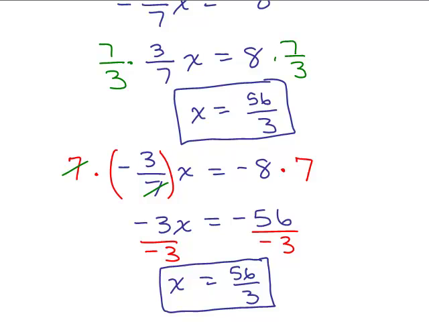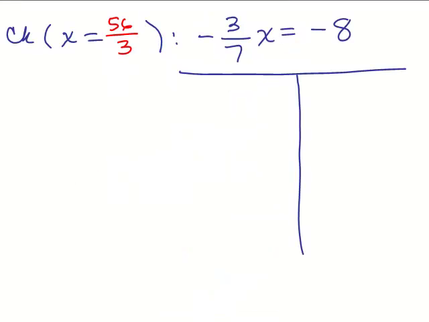All right, so let's check this answer. Here's our original equation. We're going to make sure that 56/3 is the correct answer. On the left side of the equation, we have negative 3/7 times x, and we're going to plug in the 56/3. And we're going to simplify this left side. So first of all, is it going to be positive or negative?